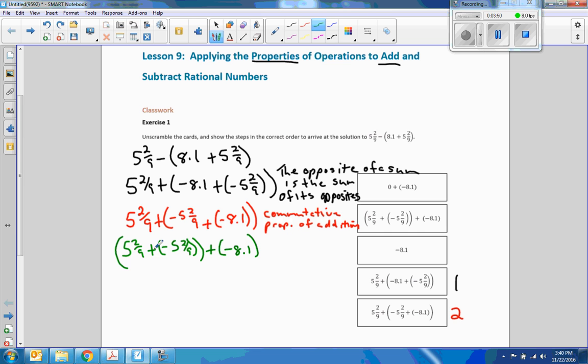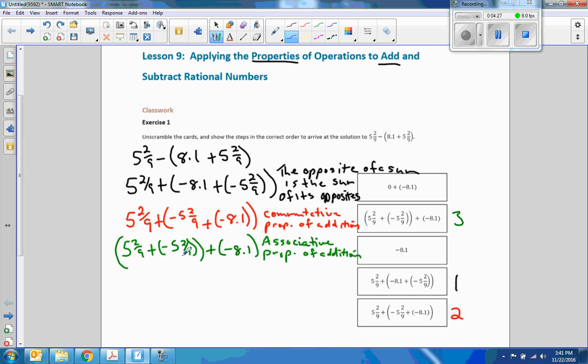All my terms stayed where they were, but my big parentheses around this group moved to this group here. And when we rearrange parentheses, because that's our order of operations, that is called the associative property of addition. So that's the grouping. That's this one right here. Getting closer to a solution.